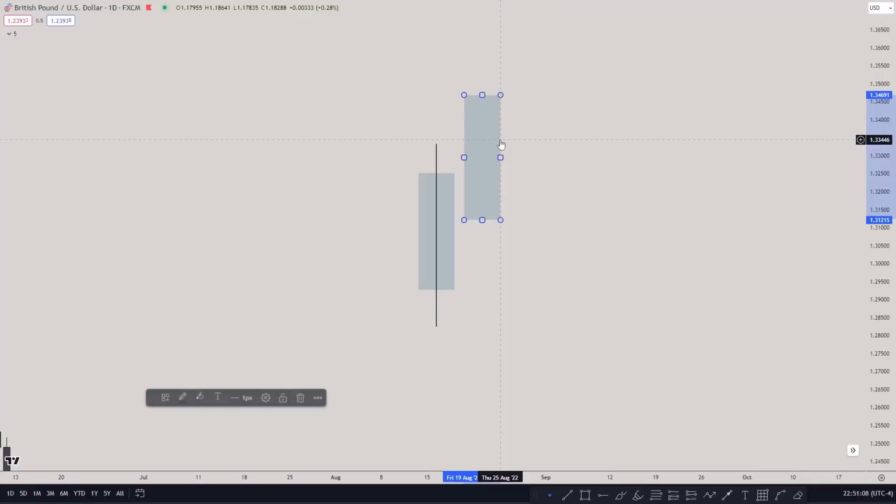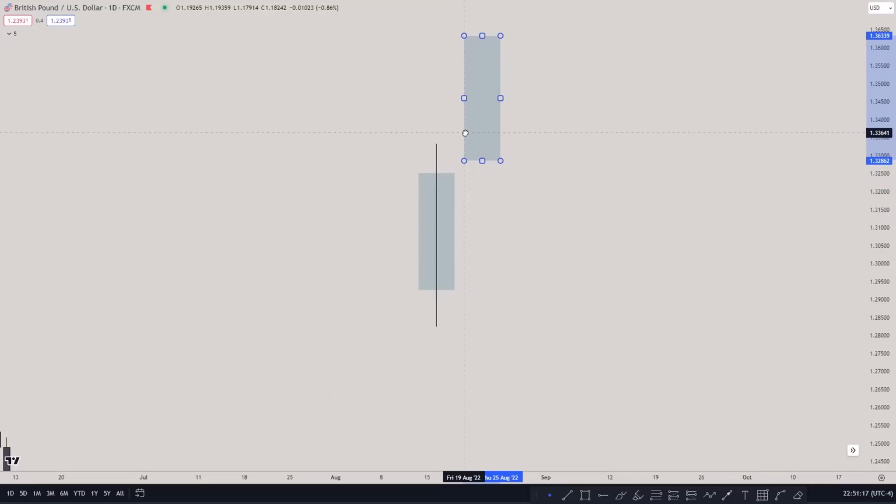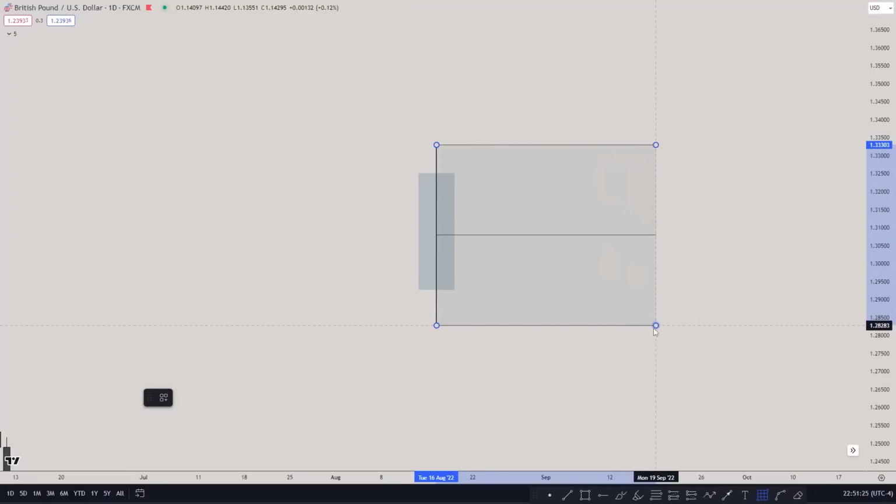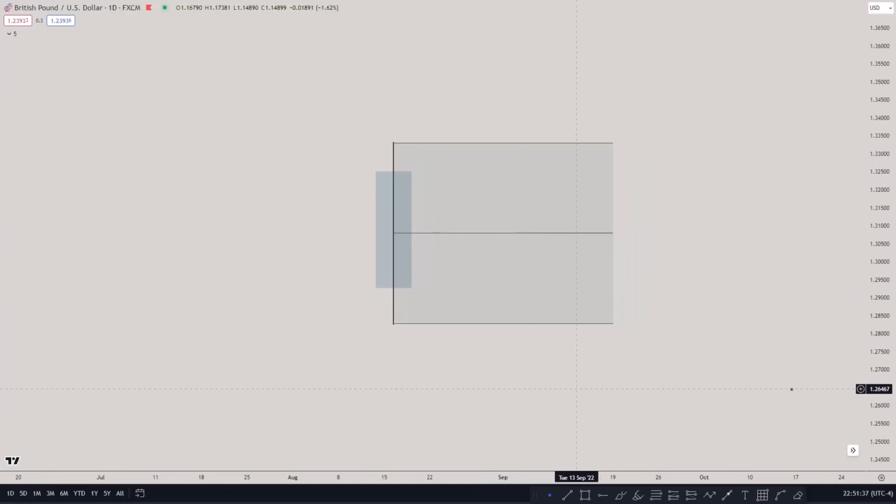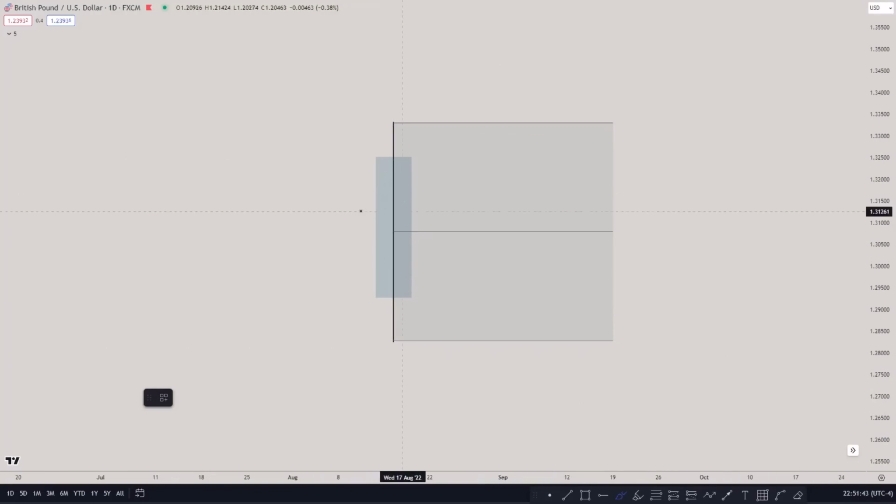But how do we enter, or where do we look for buy positions, from where, at what range? So if we apply premium and discount on this candle, this is our range, this is our discount range, and this is our premium range, 50% right here, above and below. So what do we look for on the daily time frame?